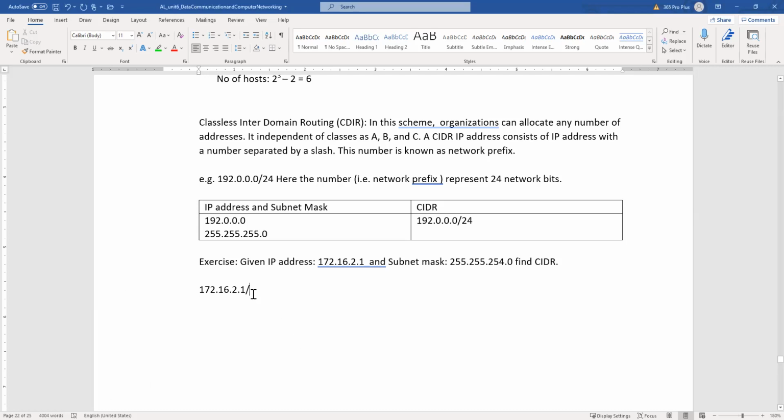So in short, we can simply write the IP address, a slash, and the number. With this, we can identify the number of subnets as well as the number of hosts.